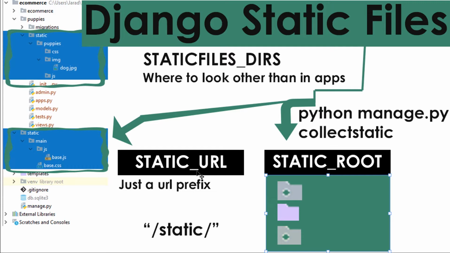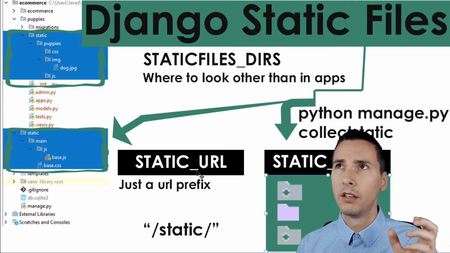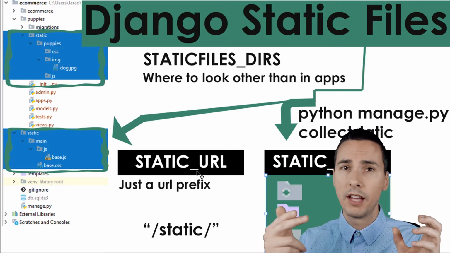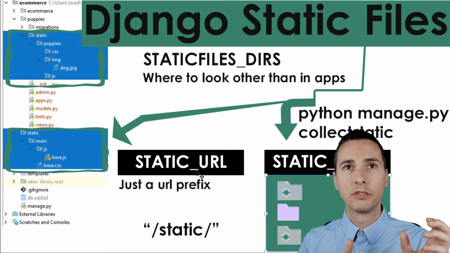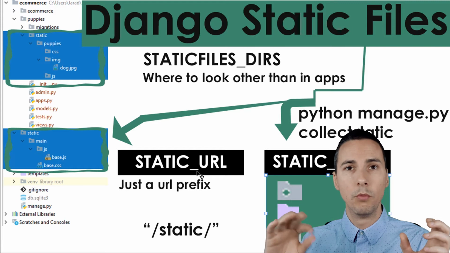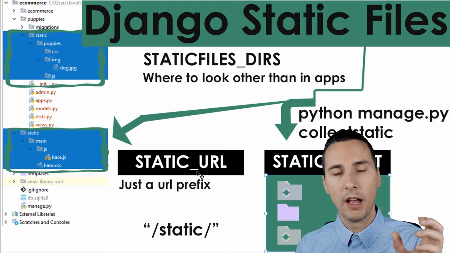What static URL is, is just a prefix. We have this directory of all of our static files, and when referring to it, we could put a URL prefix. Think of this as kind of like a slug in a way. You're just saying, whenever I'm going to get a static file, I want it to be like static slash and then whatever the other paths are.